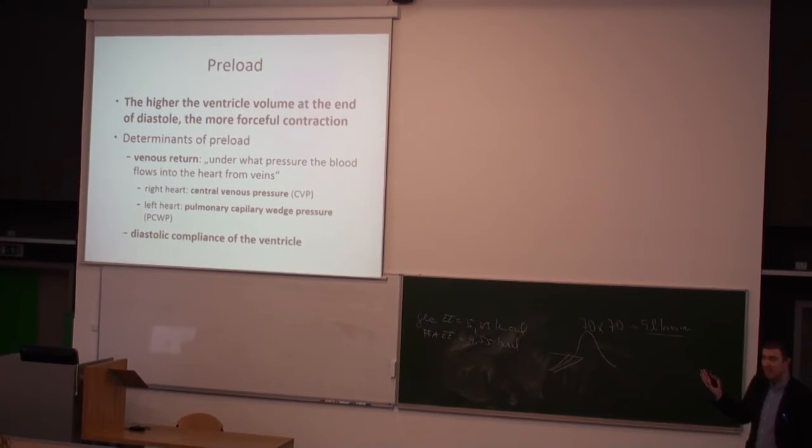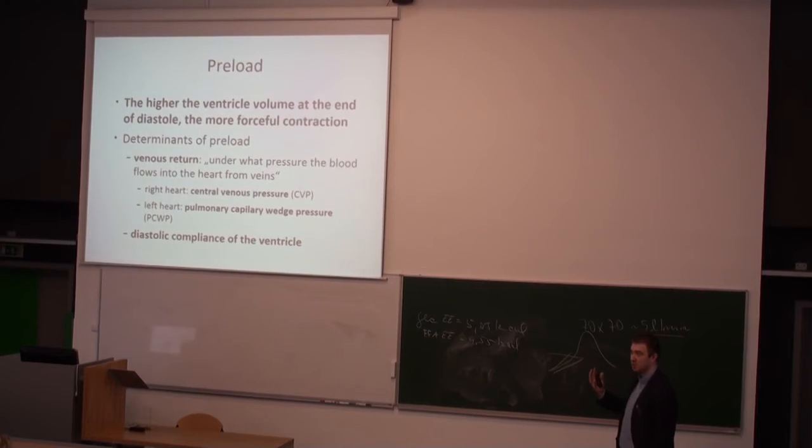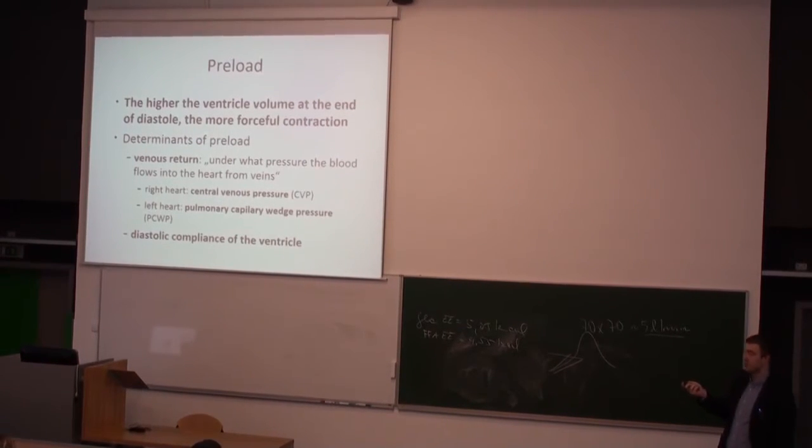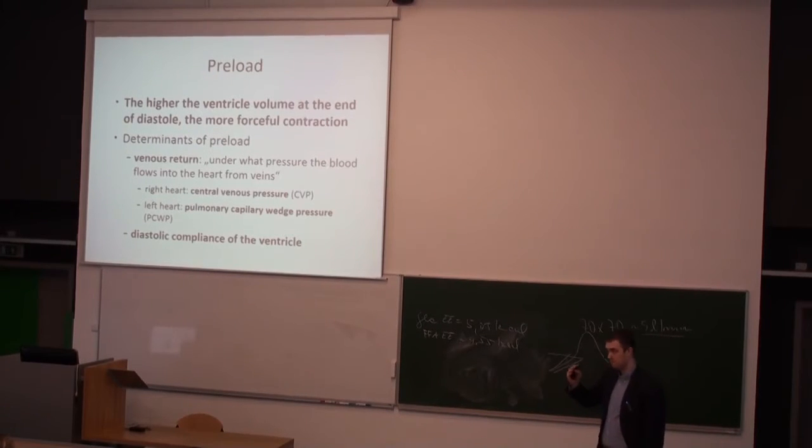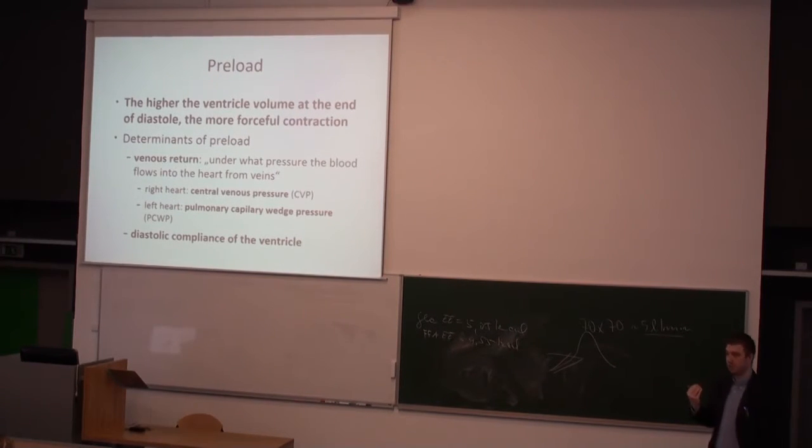The question is how we can say how big the end-diastolic volume will be. The end-diastolic volume is dependent on two characteristics. The first is the venous return. The venous return is the pressure under which the blood is coming into the heart.